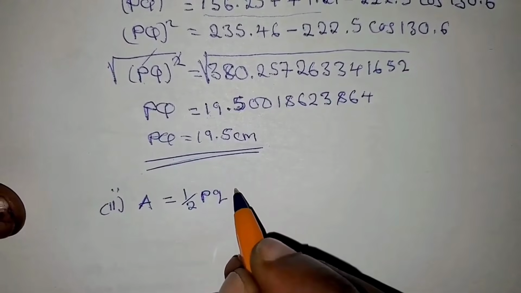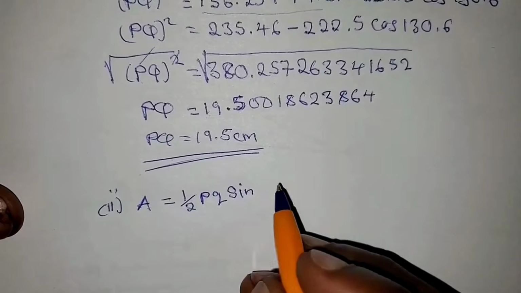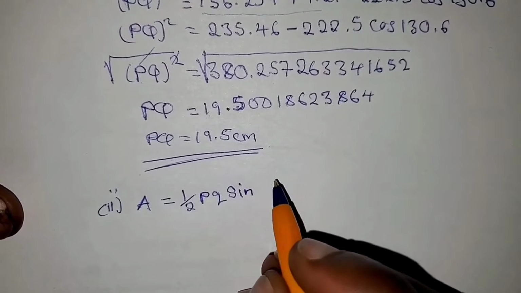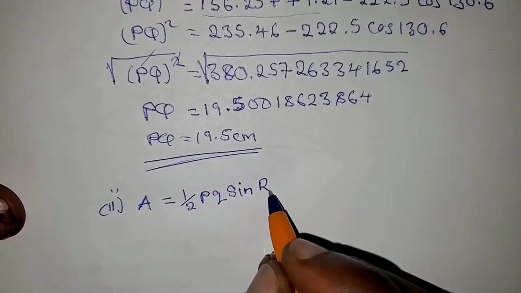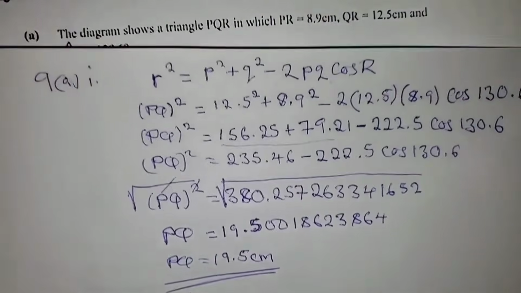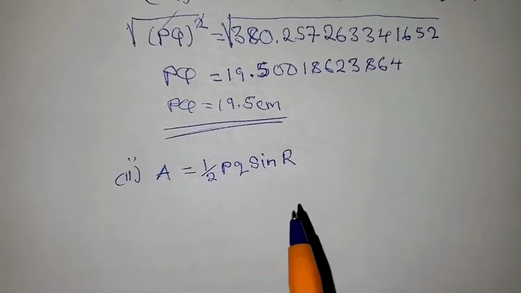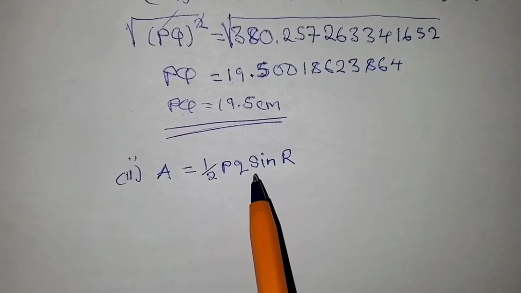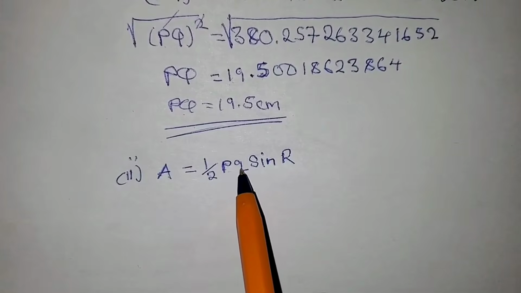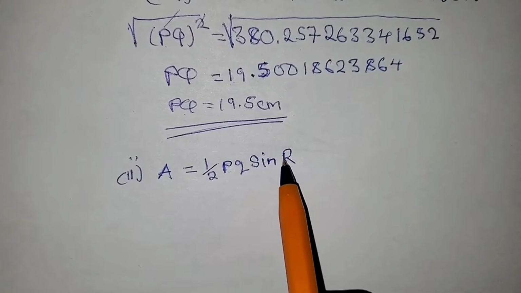PQ, then not cos, but sine. Even if it is sine rule or cosine rule, we use sine in the formula. Sine of the angle given, sine R. Now, someone may ask, what if we use this side? If we use this side, we can't use the angle here, its corresponding angle.